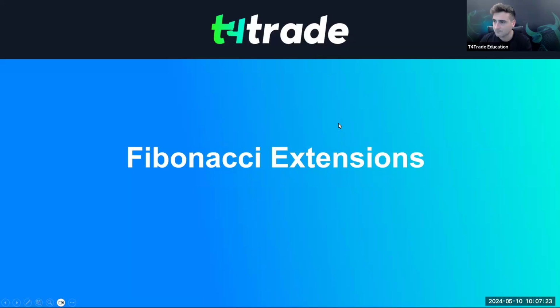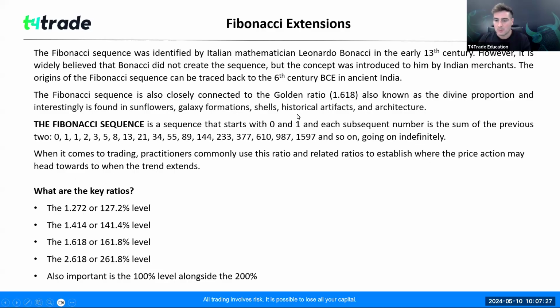Okay, so Fibonacci extensions. Let's do a historical overview. The Fibonacci sequence was pretty much identified by an Italian mathematician named Leonardo Bonacci back in the 13th century in Italy. However, it is widely believed that Bonacci did not create the sequence, but the concept was introduced to him by Indian merchants.